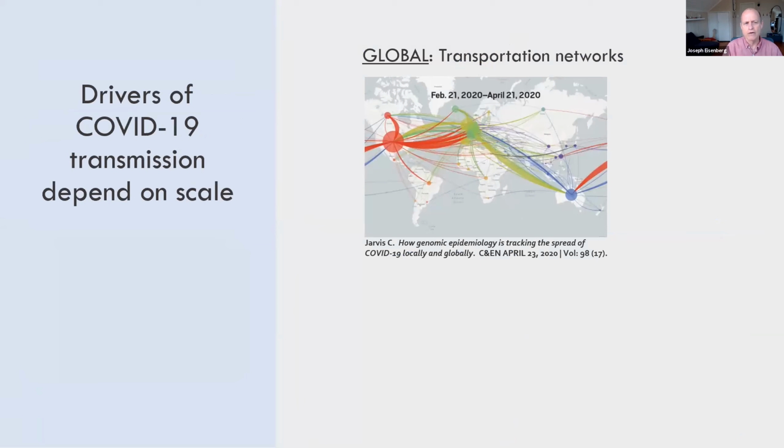But of course, that depends on scale: what drives COVID-19 transmission, and again, respiratory pathogen transmission in general. At a global scale, transportation networks, as we have seen in the early parts of the pandemic, played a tremendous role in the spread of this pathogen around the world globally. And even regionally, we've seen many different pandemics, such as historically cholera, where transportation networks play a big role in moving and spreading disease.